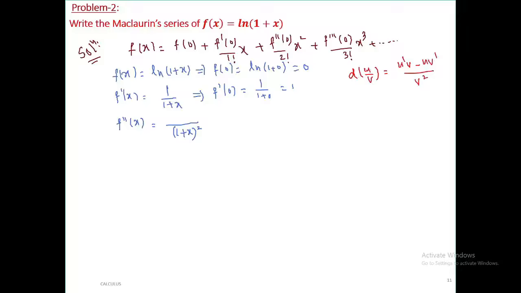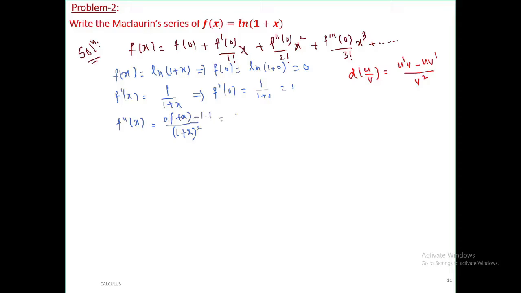First the numerator derivative and denominator as it is, minus numerator as it is times the denominator derivative, over v squared. So the denominator (1+x) whole squared I have written, and the numerator derivative is 0, so 0 into (1+x). Minus the numerator as it is, and the derivative of (1+x) with respect to x is 1.